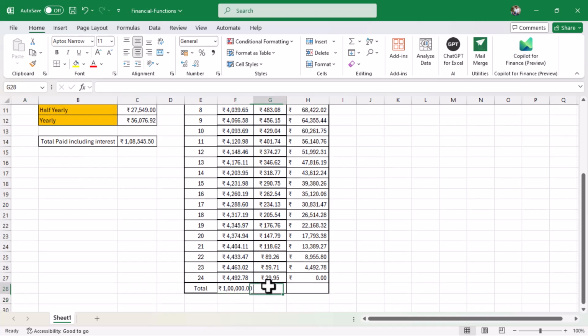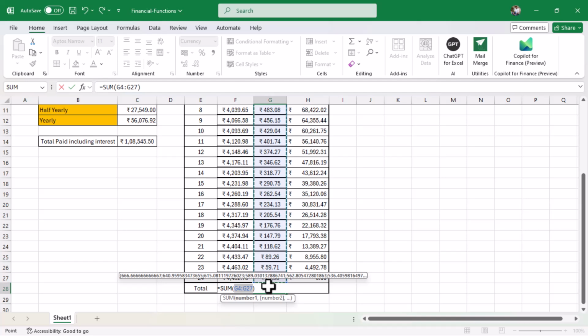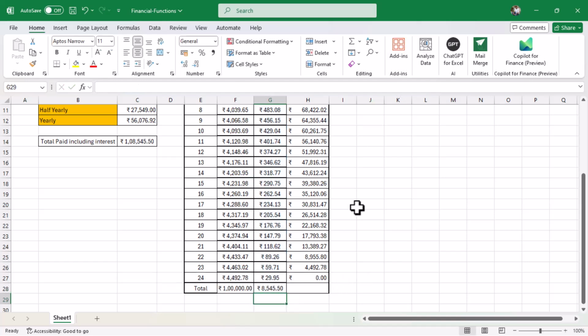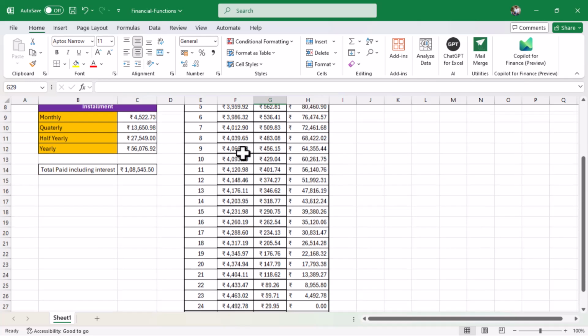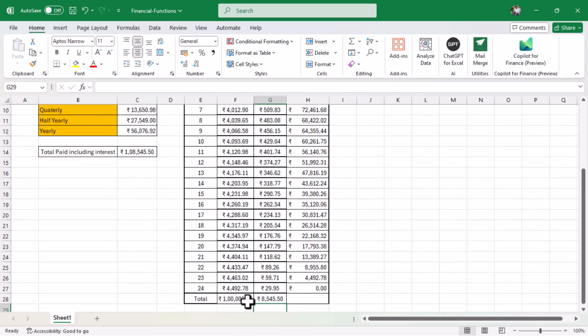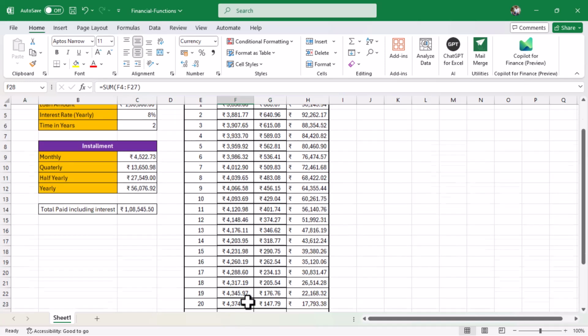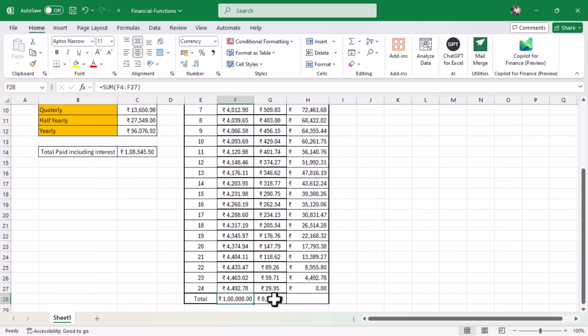And same way here I'll press Alt and equal to calculate the interest, and this is the amount which I have paid. So here you can see by the end of 24 months I finish paying the entire principal amount plus the loan amount and my balance becomes 0.